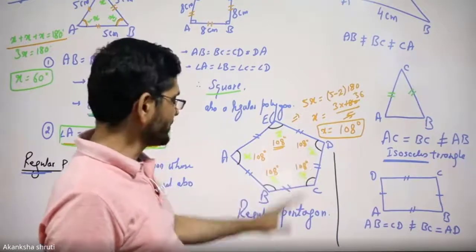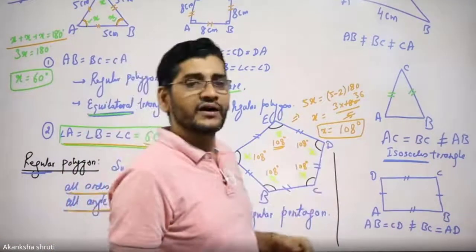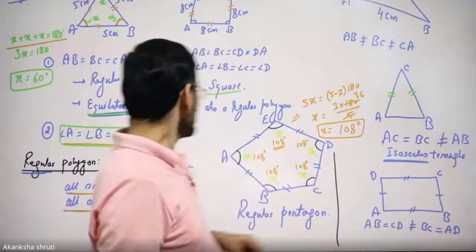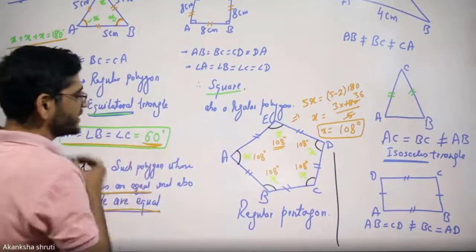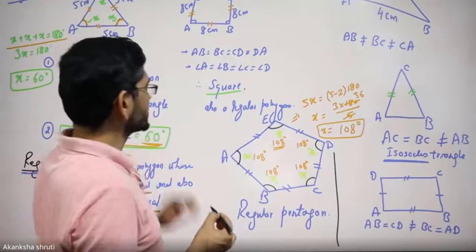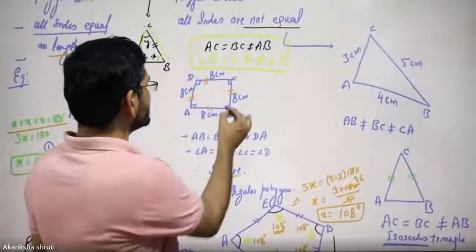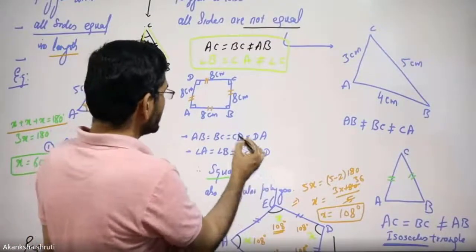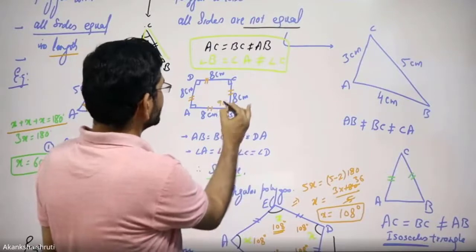Like here for the pentagon, we have calculated it is 108 degrees. For the triangle, we have calculated it is 60 degrees. For the quadrilateral, which is the square, each of the angles is 90 degrees.